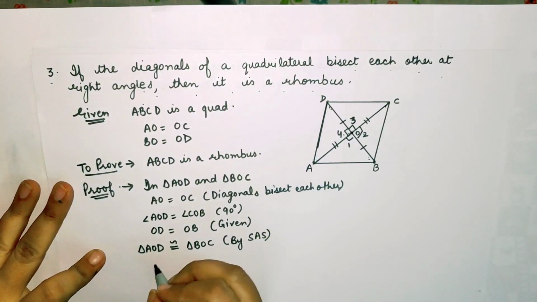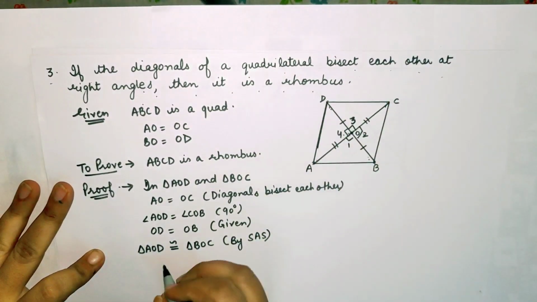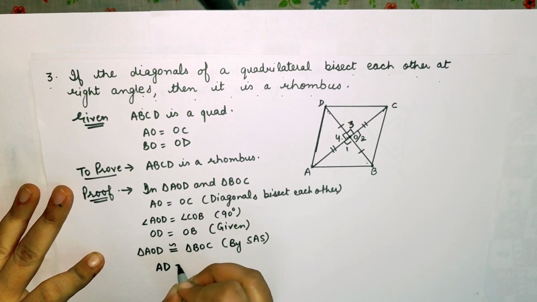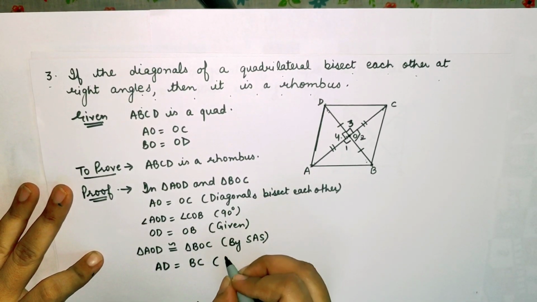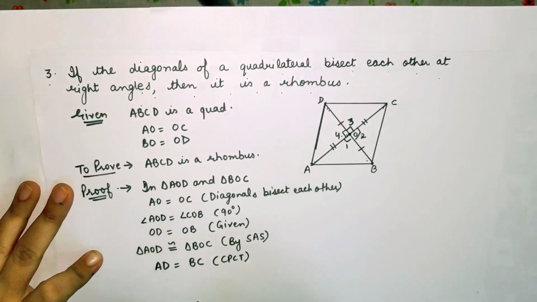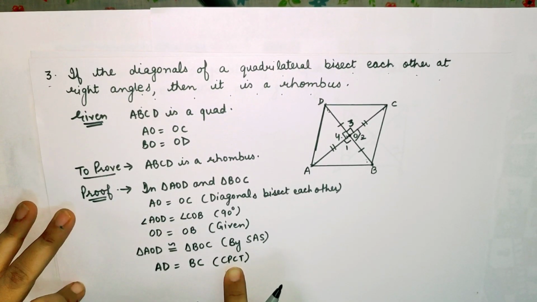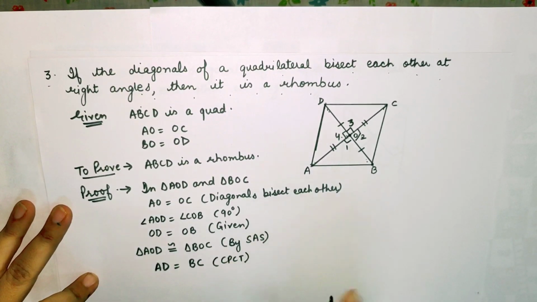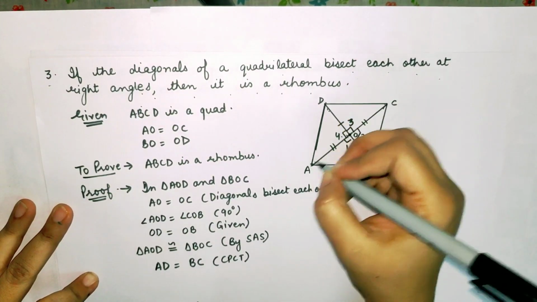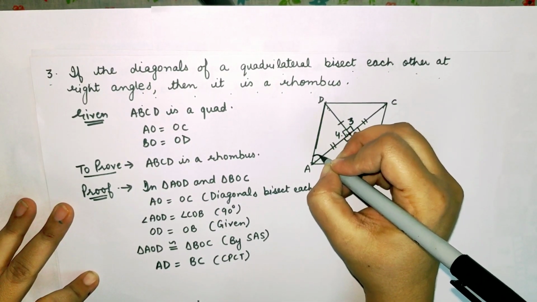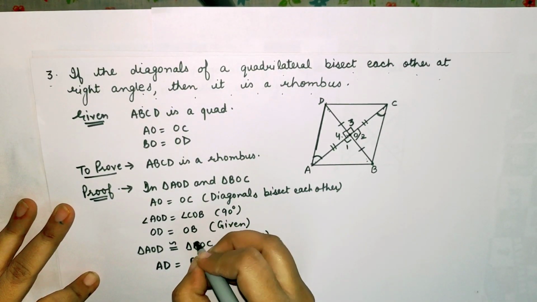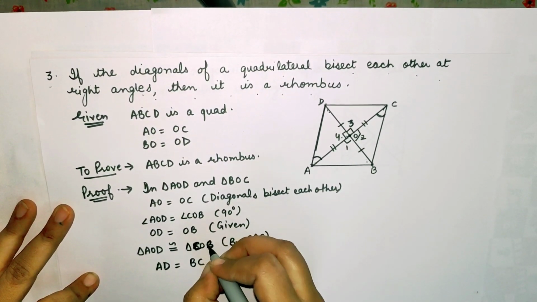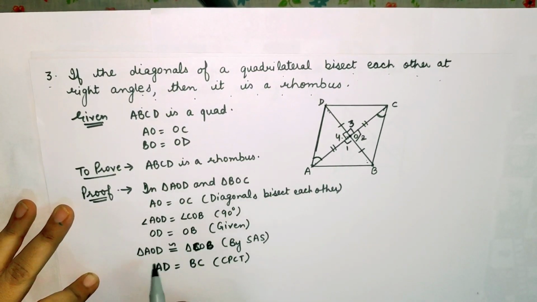Now we say that AD is equal to BC. AD किसके इक्वल हो जाएगी? BC के. CPCT, corresponding parts of congruent triangles. And this angle, angle A is equal to angle C, we write it here as COB.